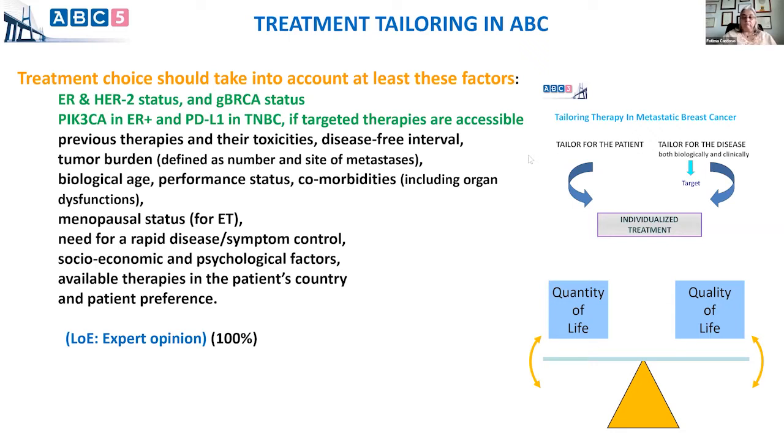And also, we need to know the tumor burden. So if there is a lot of tumor, a lot of metastases, or just a few metastases. And then there are a lot of other characteristics of the patient.